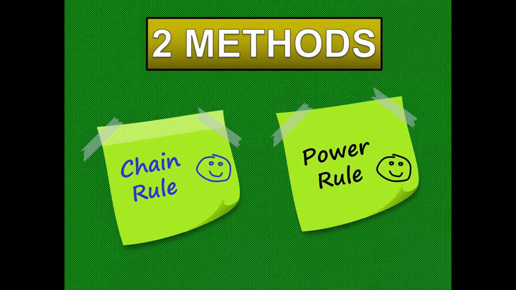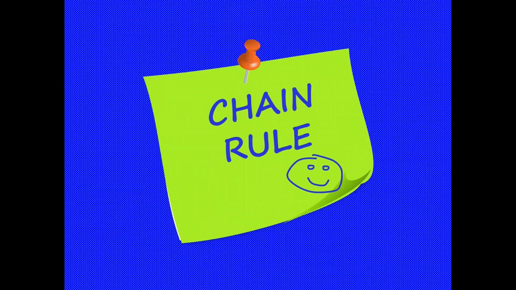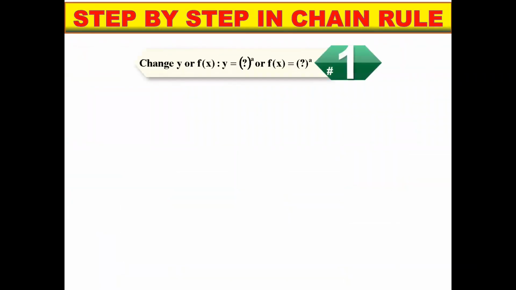So let's dig in. Now, to do the chain rule, we have a few steps that we need to follow. The first one is whenever you get the function inside the question, we will try to change the function into, you might get a y or you might get an f(x) equals to something.